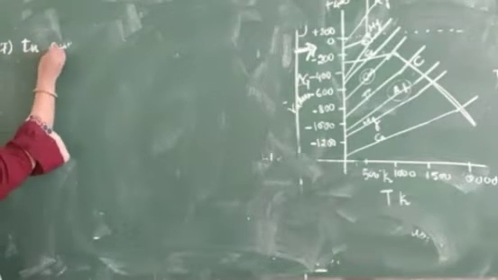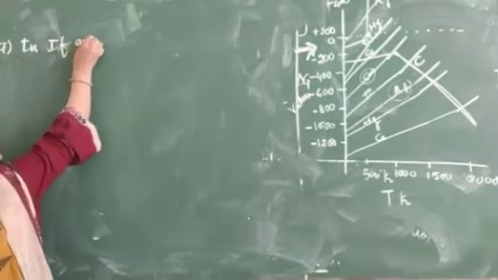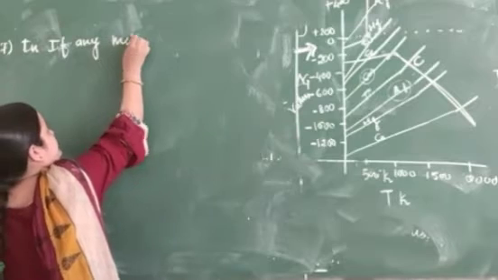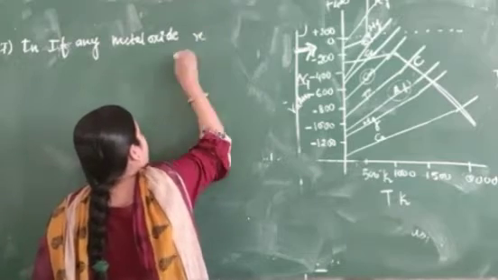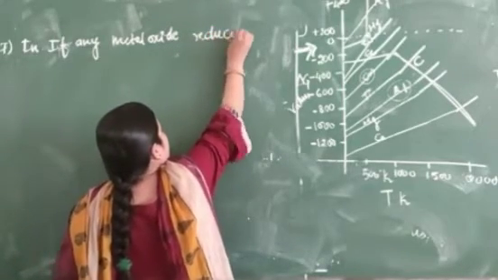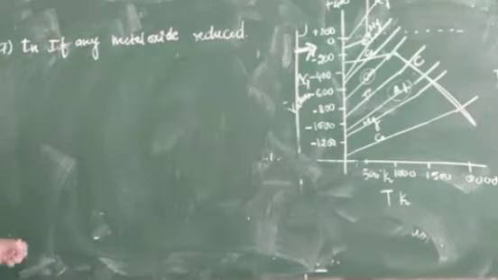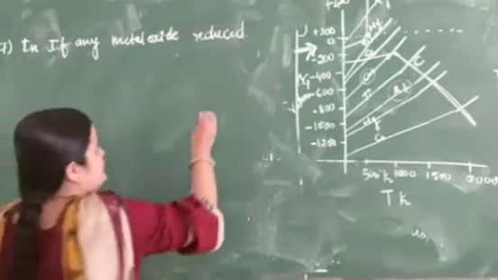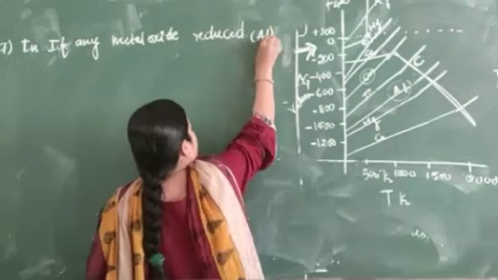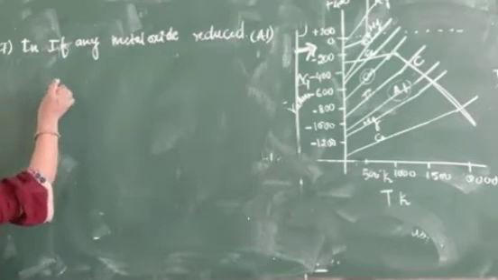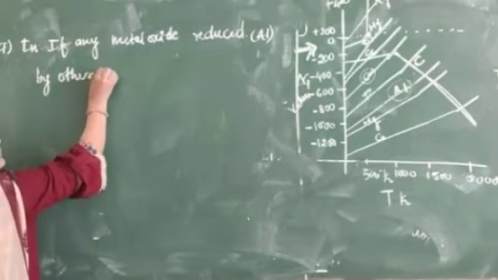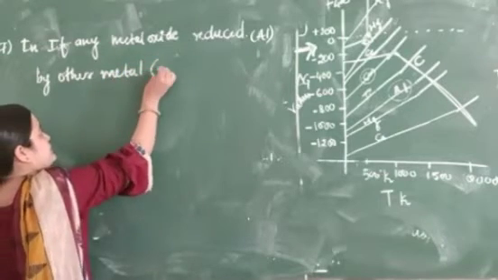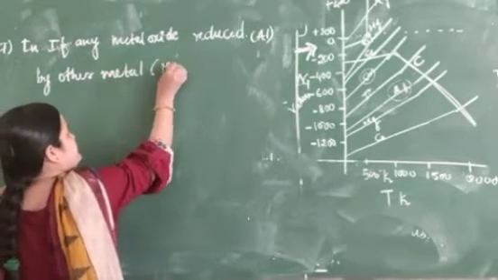In the equilibrium diagram, if any metal oxide is reduced by another metal, I will take aluminum as an example, which can be reduced by Mg.